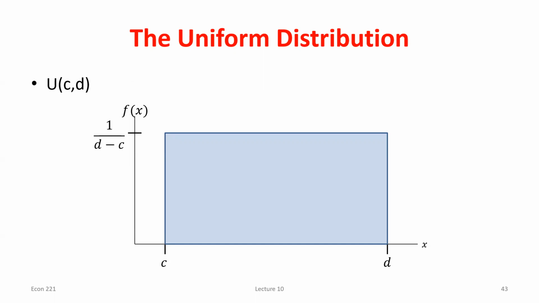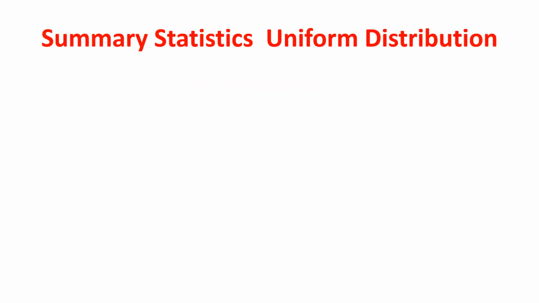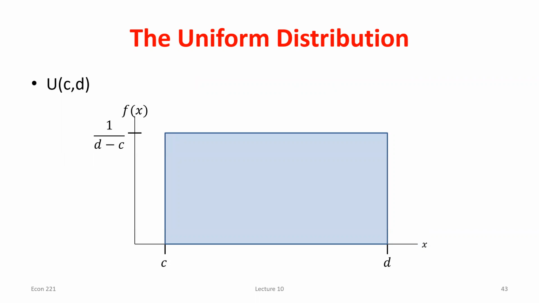Now if we want the probability of being in between any two values, like let's say I'm here and I'm here, I'm just going to be looking for the area of rectangles. Maybe it helps to write it out this way. There's going to be two values that tell me the start and the stop of whatever interval I'm interested in finding the probability of.